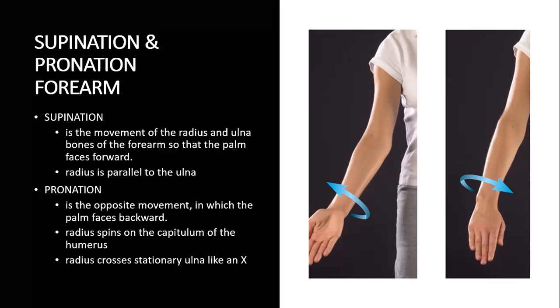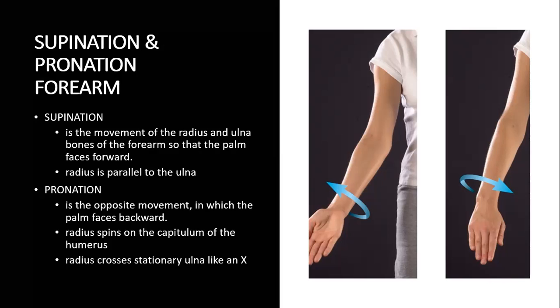Pronation, palms down or palms backward in the anatomical position. With supination, the radius and ulna are parallel, like railroad tracks. In pronation, the radius crosses the ulna and basically creates an X. So again, it's the radius that moves during pronation. And then when it returns, it moves back into its normal position.